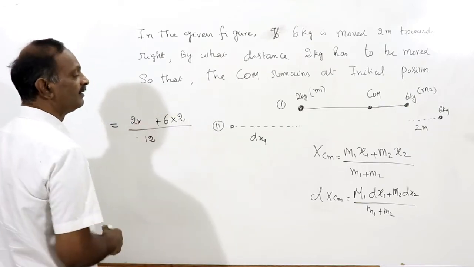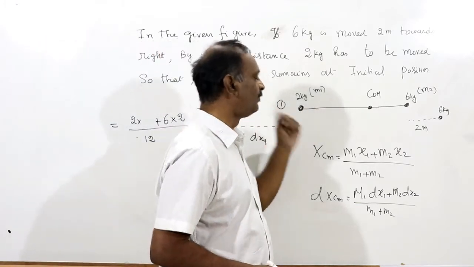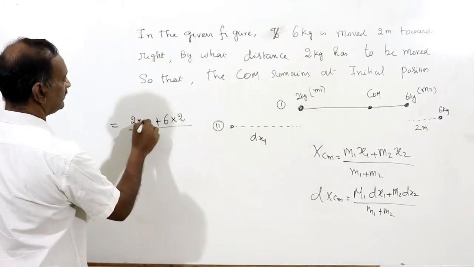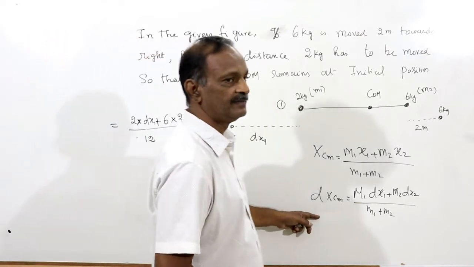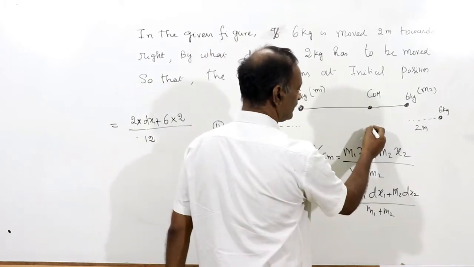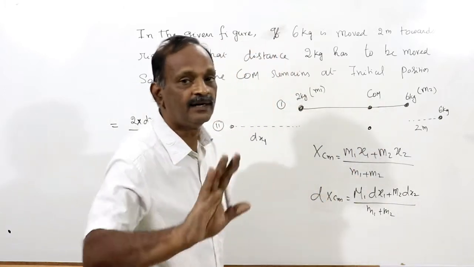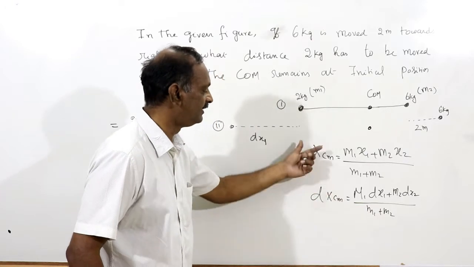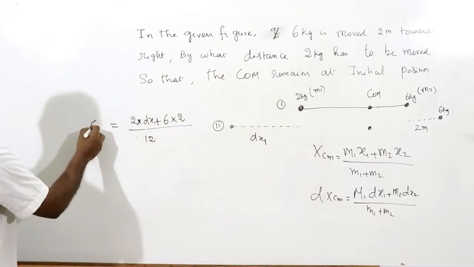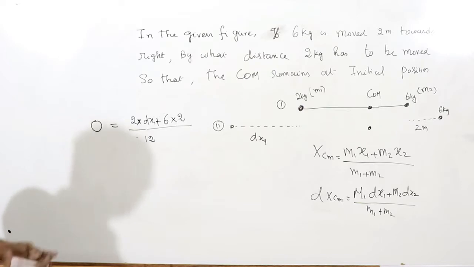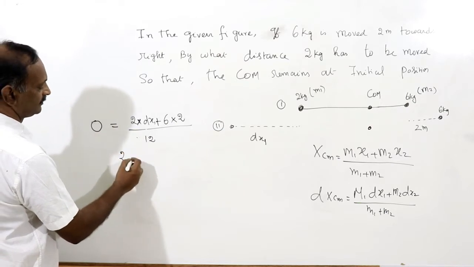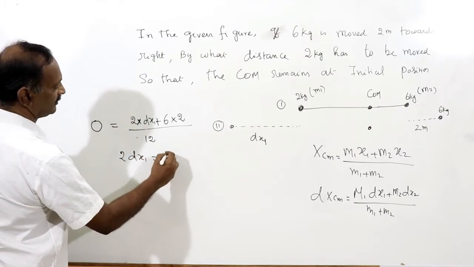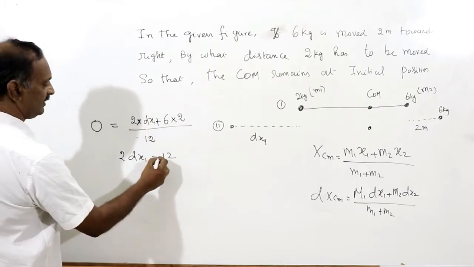dx1 is what we need to find: how much distance we should move this. dx1 is unknown, and what will dxcm be? Because the center of mass remains, it did not move. It means zero motion, zero distance moved. So in this case, 6 into 0, so 2 dx1 is equal to 12 minus 12.